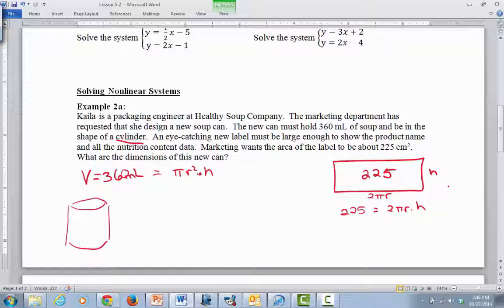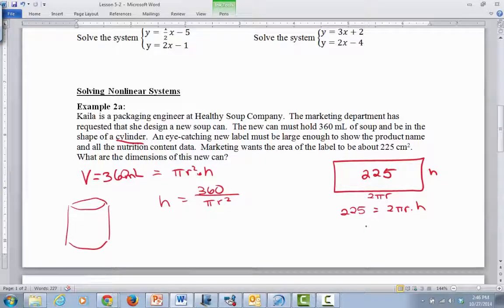So what I want to do at this moment is I want to take and solve for h on both of these. Okay, and then we're going to graph those. So we have h is equal to 360 divided by pi r squared. And I'm going to, in a minute, change this to x and y so we can use our graphing calculator.